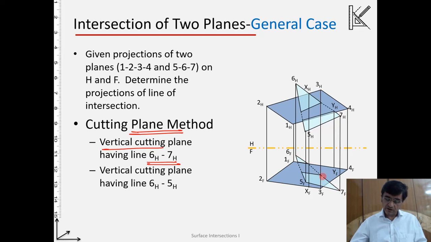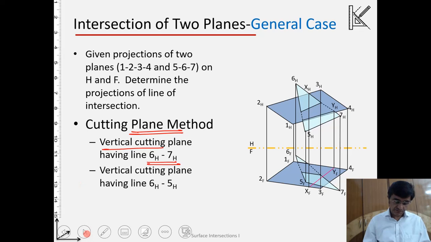And where is XY? XY is lying on the plane 1 2 3 4. So where 6 7 will intersect XY is also the point where 6 7 is intersecting the plane 1 2 3 4. So let's make use of this concept. So that's the projection, and XY is intersecting 6 7 over here.